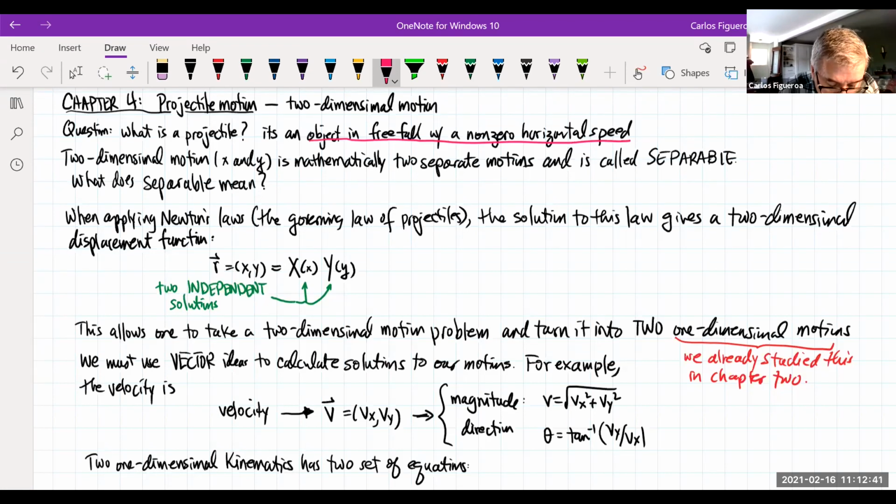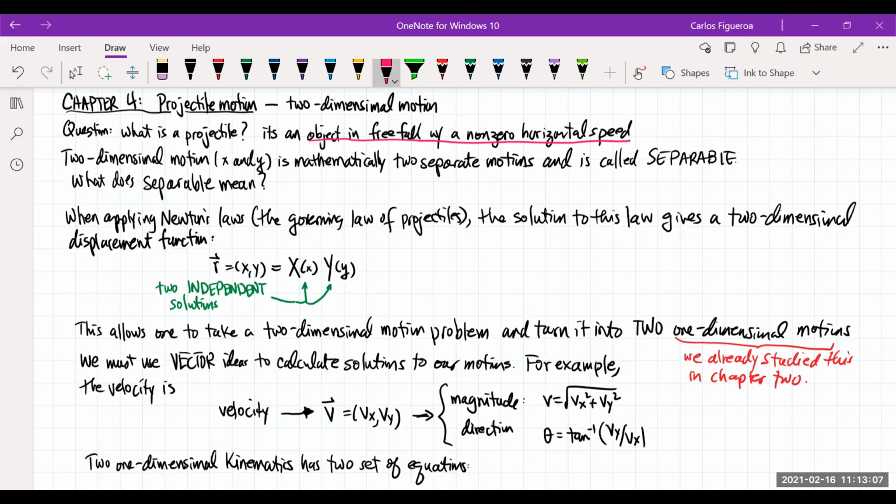If I call my displacement function r, it has an x and a y component. If these two solutions are separable, I can get all of the x pieces into one function, which I call big X, and all of the y pieces into one function called big Y, and these two are completely independent of each other.